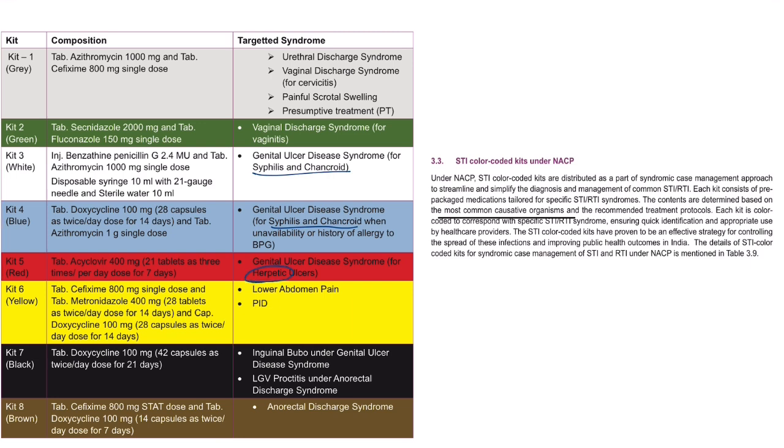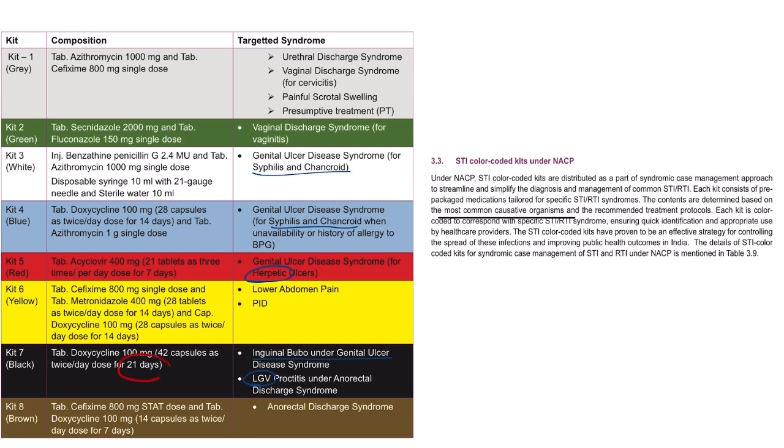So they have given kits for syphilis and chancroid, and they have given kits for herpes and LGV, but we can't find anything for Donovanosis. So Donovanosis is not very common at national level. In some parts of Orissa, Andhra Pradesh and Tamil Nadu, you may get few sporadic cases. Countries like Australia, China, West Indies and Africa have some endemic spots. So they haven't included it in the syndromic approach.